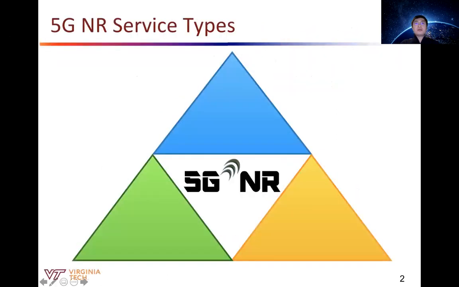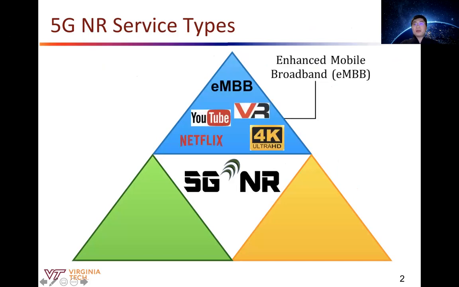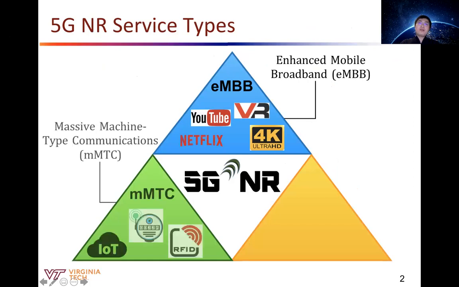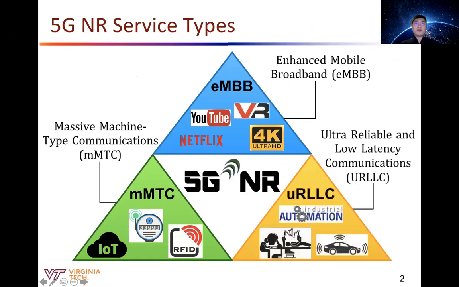5G NR is the new radio access technology developed by 3GPP for the 5th generation mobile networks. The service types of 5G NR can be classified into 3 major categories, including the enhanced mobile broadband, eMBB, the massive machine type communications, MMTC, and the ultra-reliable and low-latency communications, URLLC. eMBB focuses on supporting the ever-increasing end-user data rate and the total system throughput.